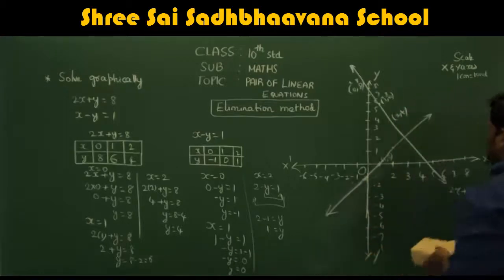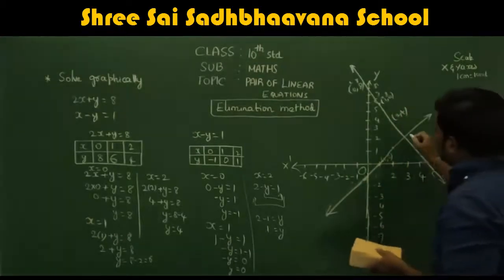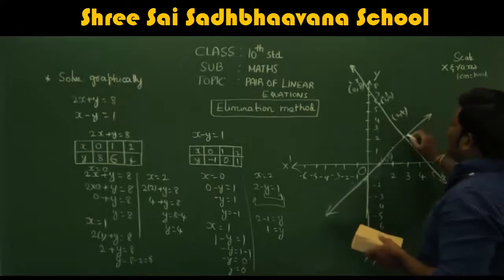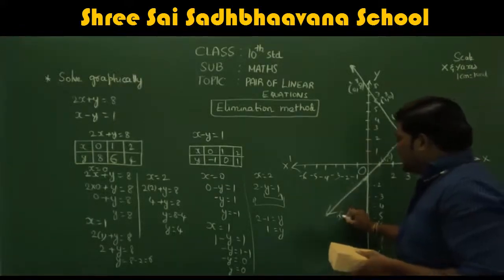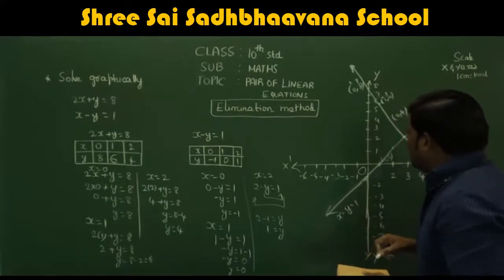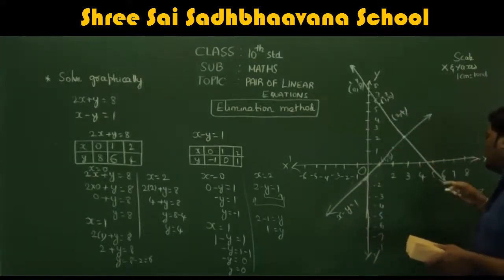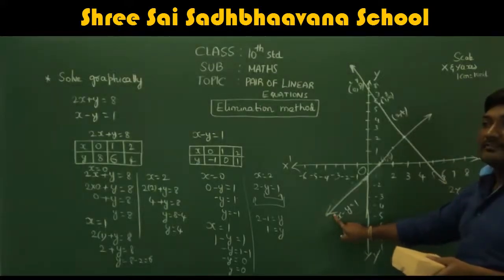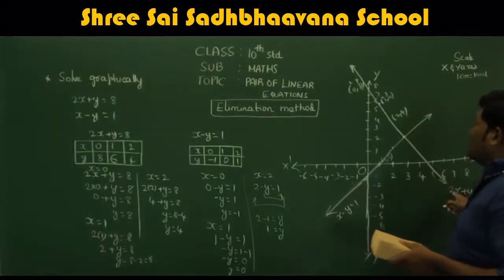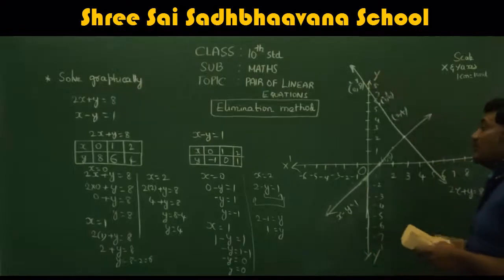I hope you understood. So this is the point where they are exactly intersecting. What is the name of this line? x minus y is equal to 1. What I prefer is, whenever you draw a line, you write the name of the line on the line itself. Here also we did that, and the points also to specify.